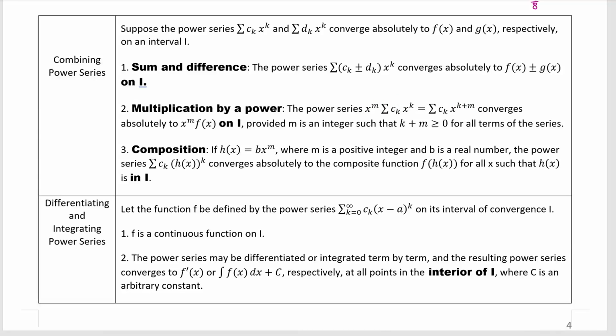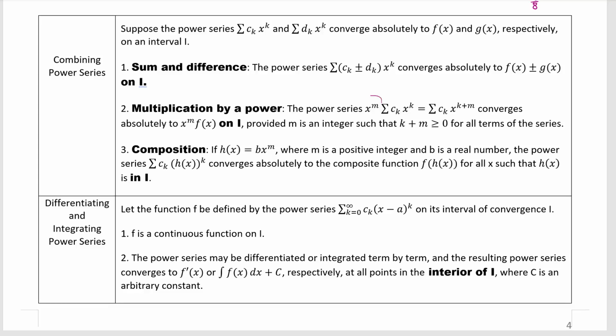So this converges absolutely to x to the m times f of x on I, provided m is an integer such that k plus m is greater than or equal to 0 for all terms of the series, because we still want to make sure it is a power series, so all the powers are positive exponents. Okay? So that makes sense, right?